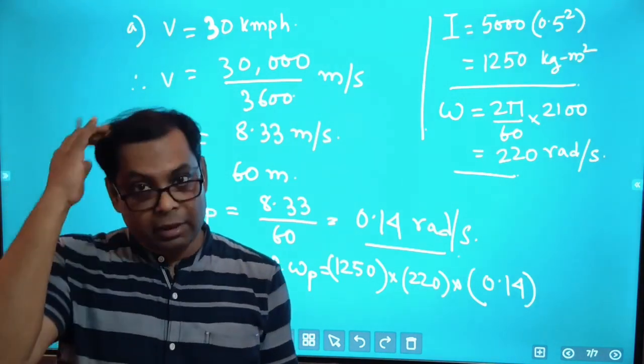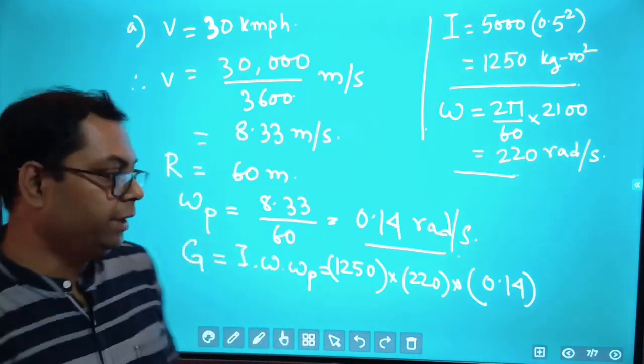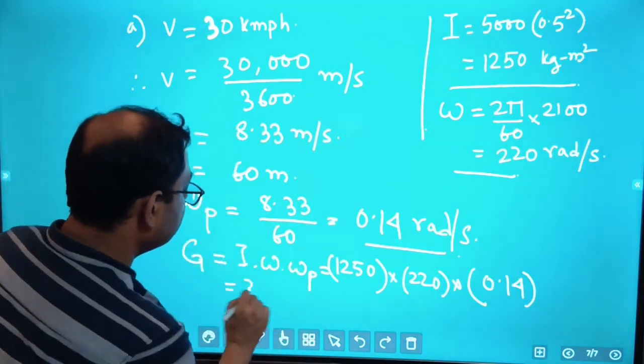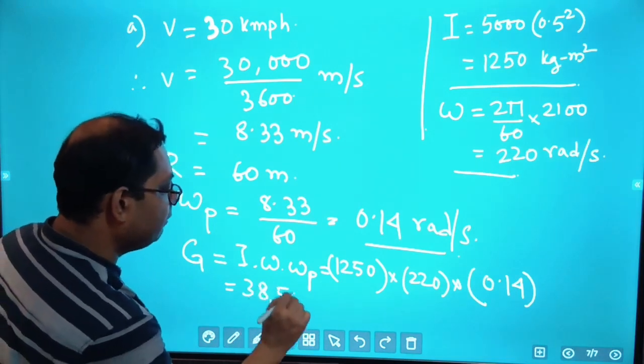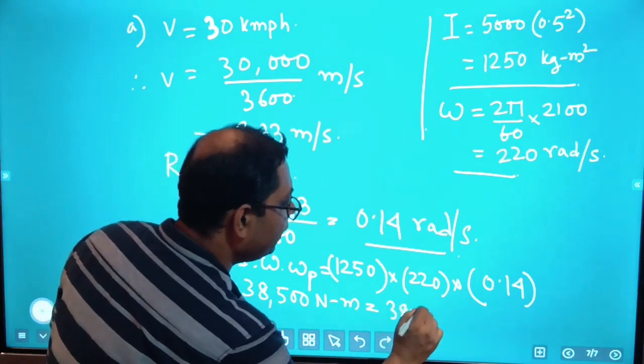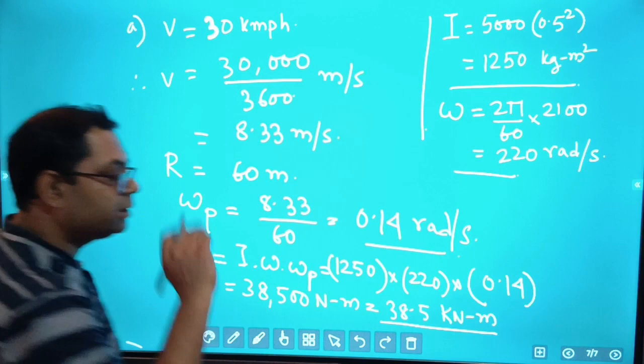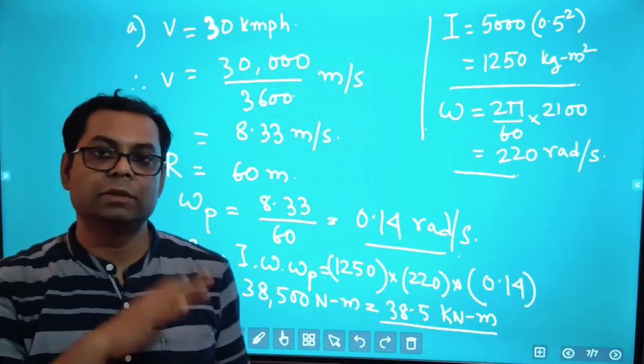If you calculate, you will get the answer as 38,500 Newton meter, or 38.5 kilonewton meter. So this is your answer. This is one part of this numerical problem.